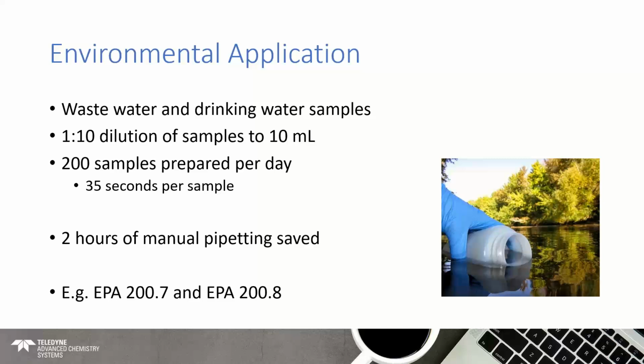That's more than a day's worth of somebody's time just doing manual pipetting. That would be applied to numerous methodologies such as EPA 200.7 or 200.8 or many other applications in water testing. That's a lot of time that can be saved if you automate that process and make better use of laboratory staff time and effort.